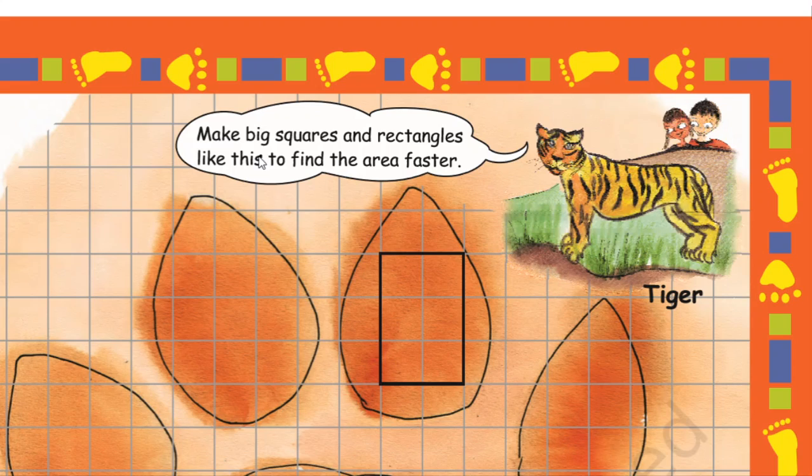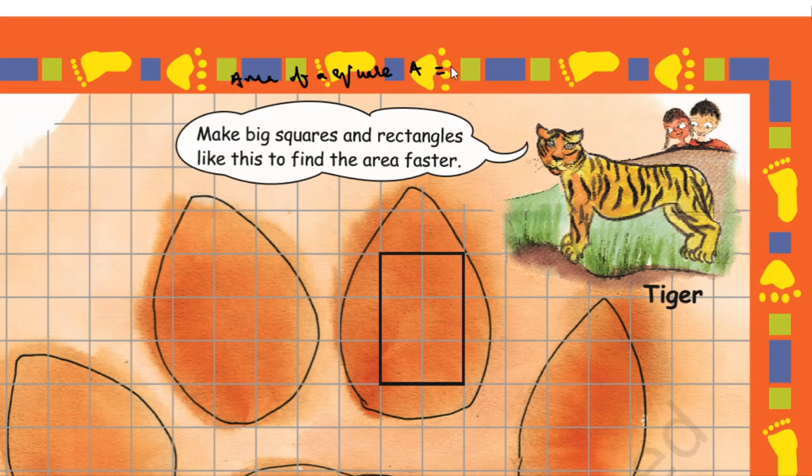So what is the area of a square? By using the formula, we can find the area of a square. Let me explain. What is the area of a square?